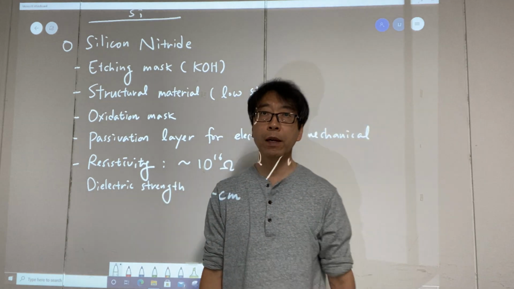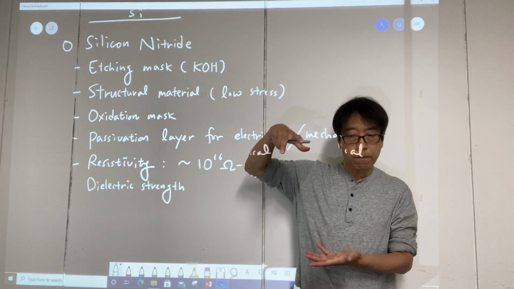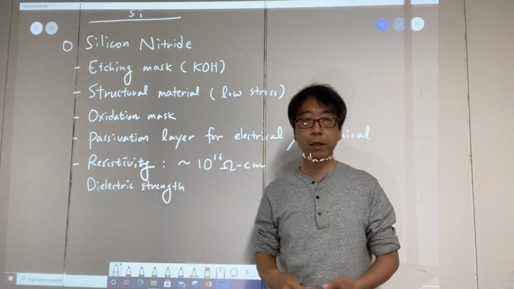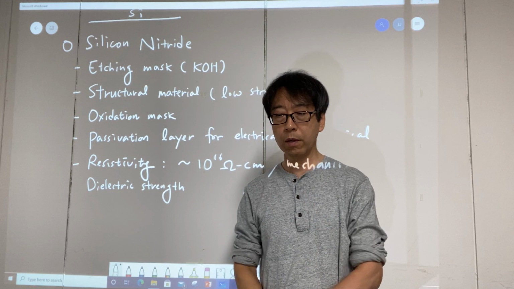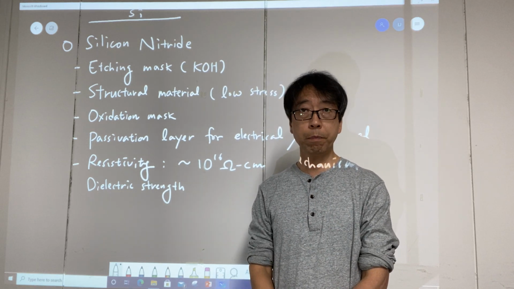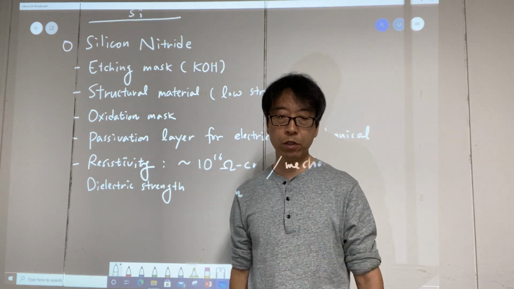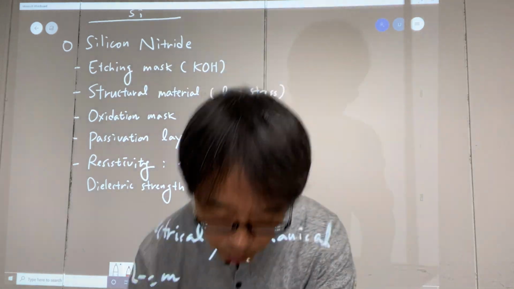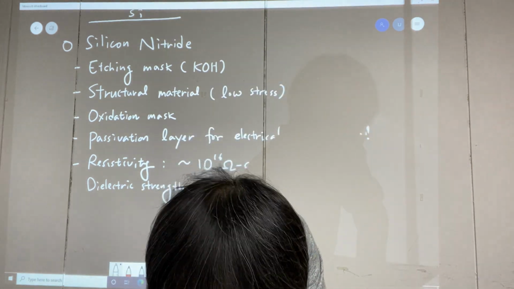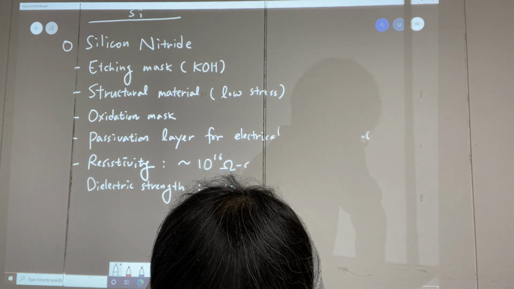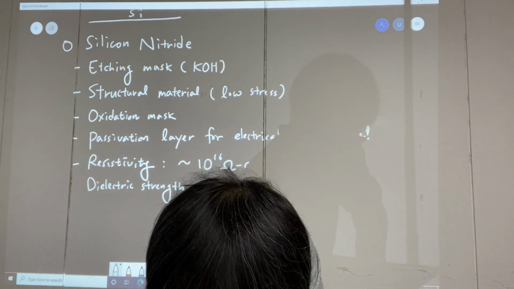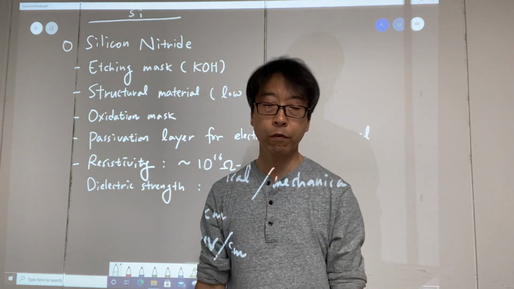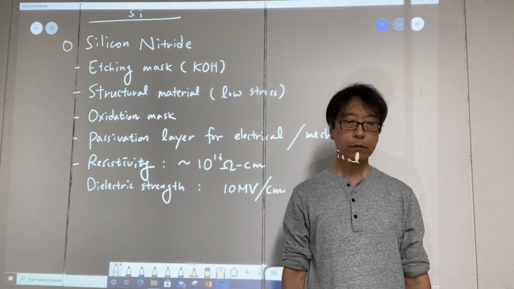The strength of electric field that makes the film break down, that makes the film be penetrated by the passage of the current. That's the dielectric strength. It's very high. Goes up to 10 megavolt per centimeter. This is really a huge number. You'll find out later on.